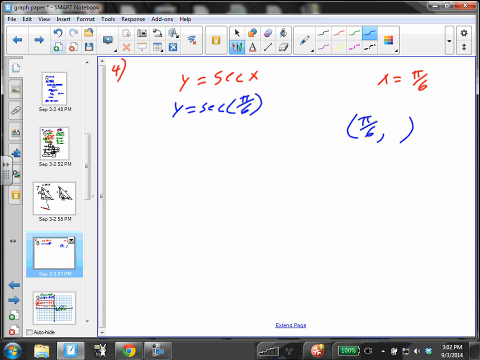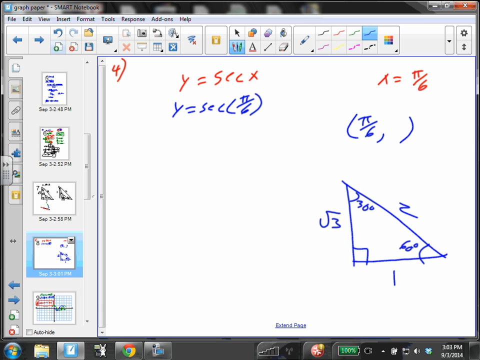What kind of angle is pi over 6? 30 degrees. So I'm going to come over here and draw myself a 30, 60, 90. As we just discussed, opposite of the 30 has to go a 1. Opposite of the 60 has to go the square root of 3. And opposite of the 90 has to go the 2.